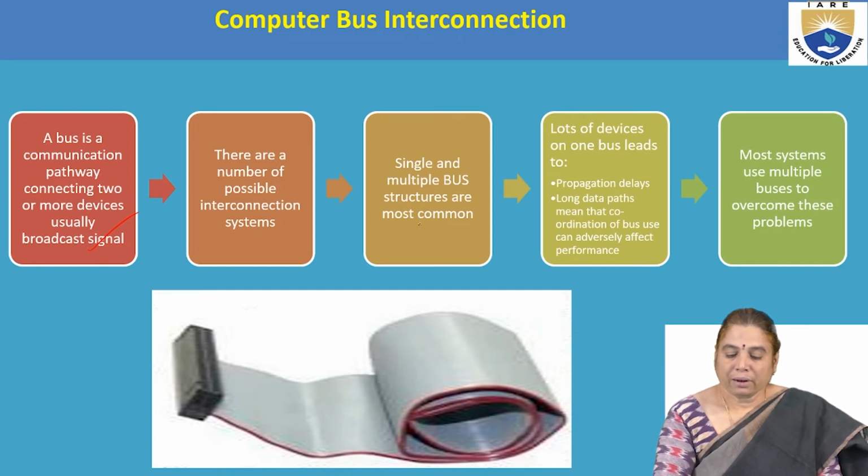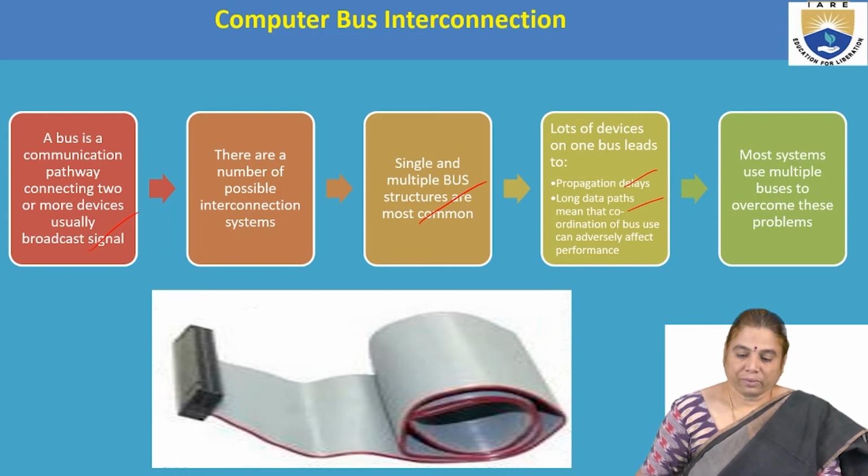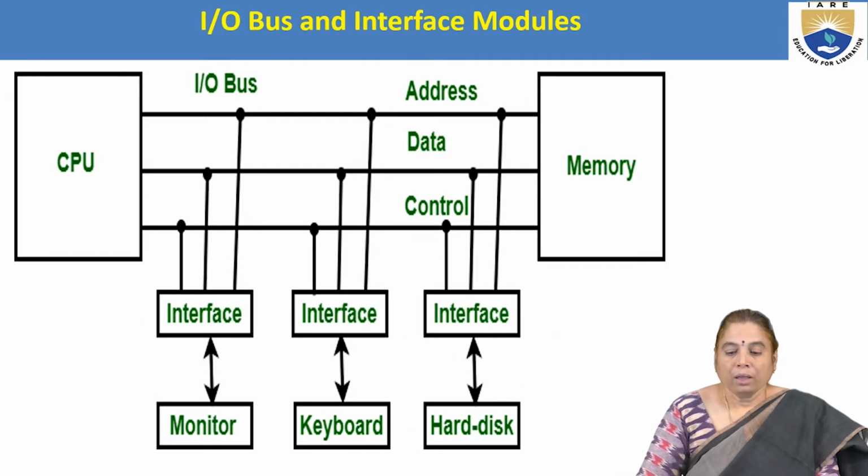So single bus and multiple bus structures can be used. If more devices are connected, propagation delay, loss of some data, and execution response times can be delayed. So a multiple bus system is generally used. So the bus is the major interconnection mechanism in the computer. So by using this bus, the functional units can be connected.